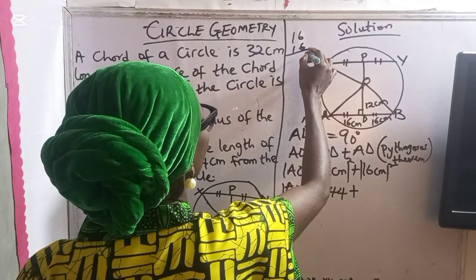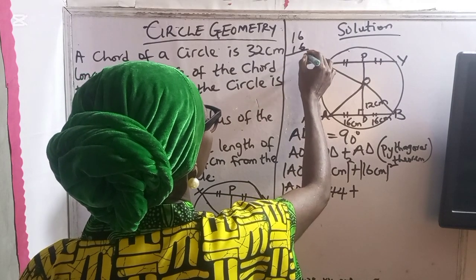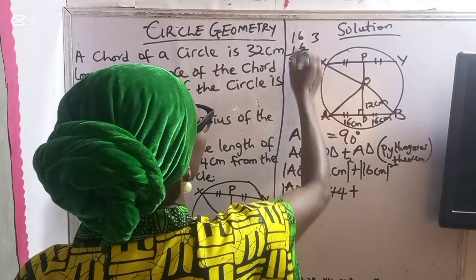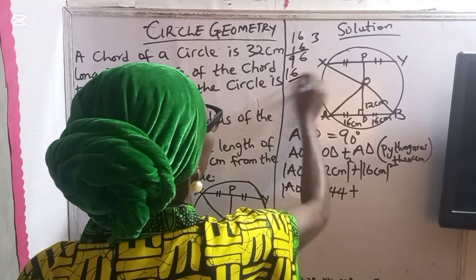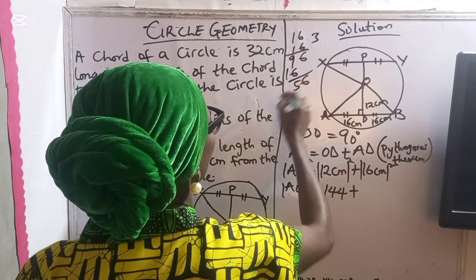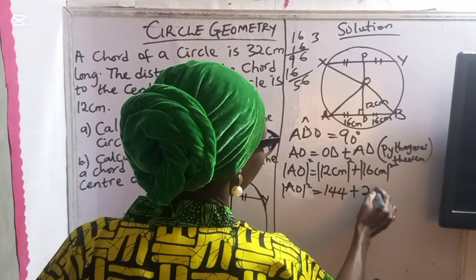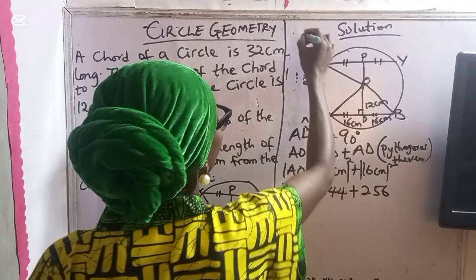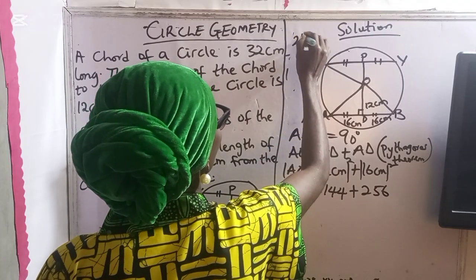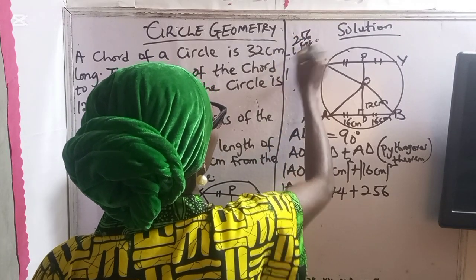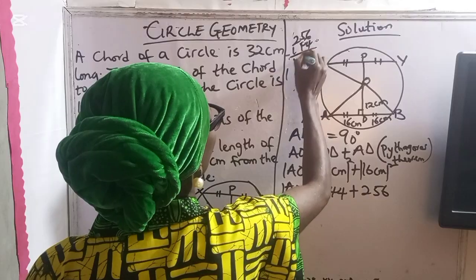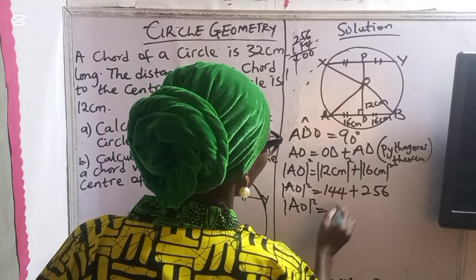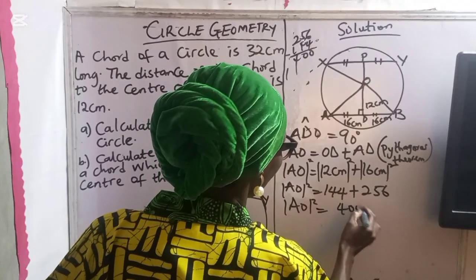Let's calculate that. 16 squared is 256, right? Now let's add it together. 256 plus 144 is 400. So we have AO squared equal to 400.